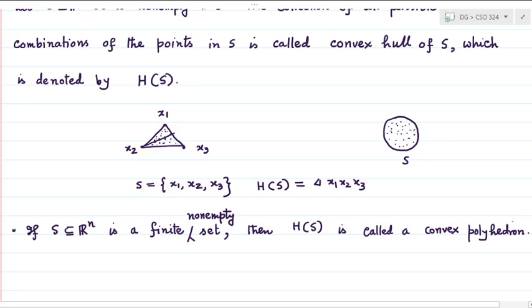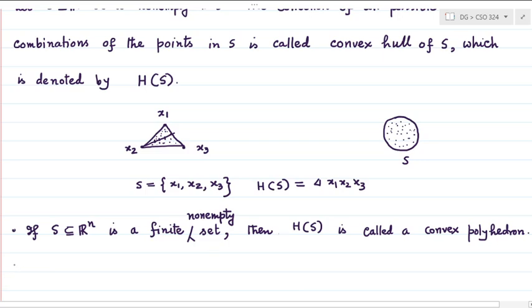And therefore a convex polyhedron is obviously the convex hull of just finitely many points. And if you have a very special kind of polyhedron in the n-dimensional Euclidean space that has precisely n plus 1 vertices, that set is called a simplex.